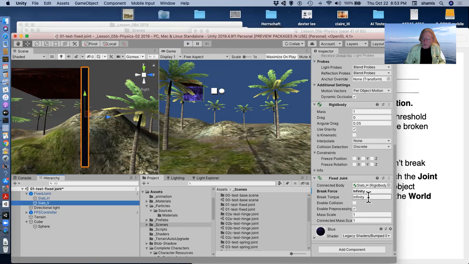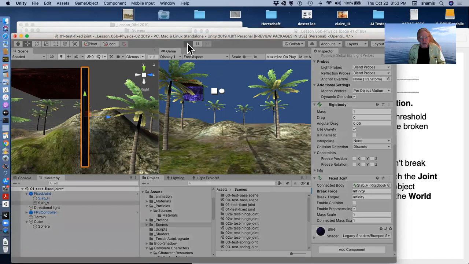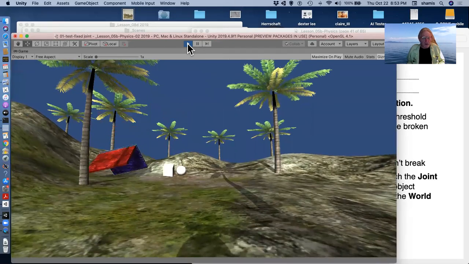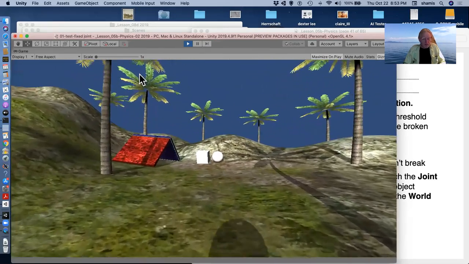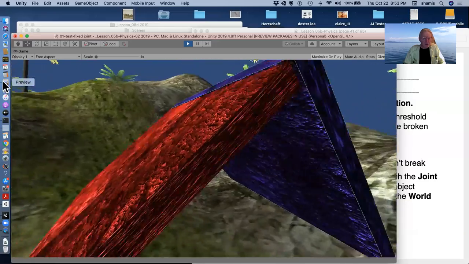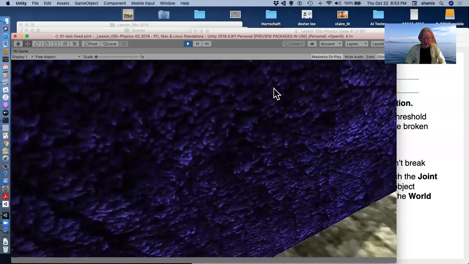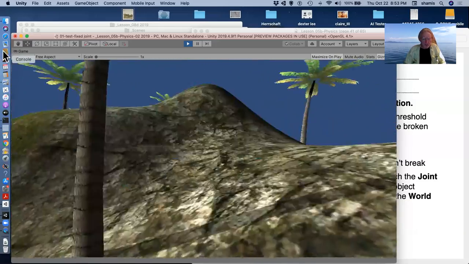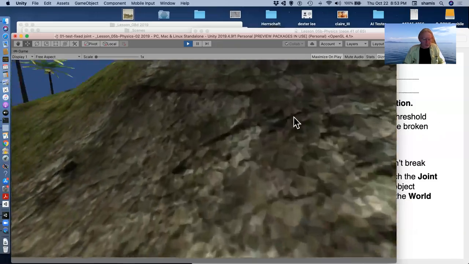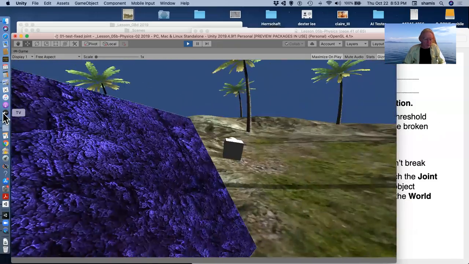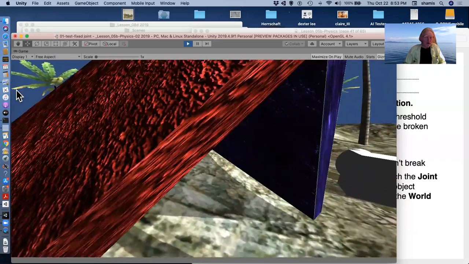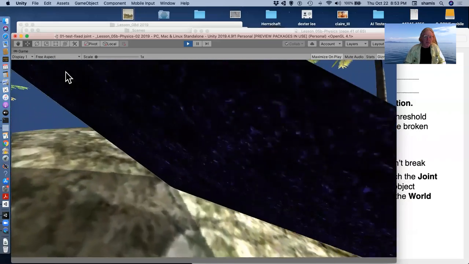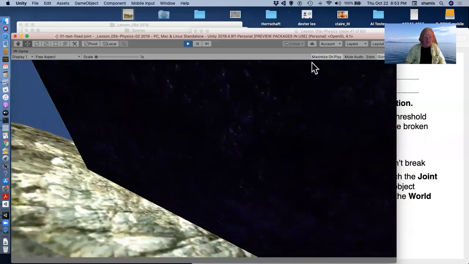The brake force and brake torque are both infinity. And if I run this, this thing is going to fall, and it maintains this rigid connection. I can push it around. I can walk up. Whoops, I can't walk up over it. I can push it around.